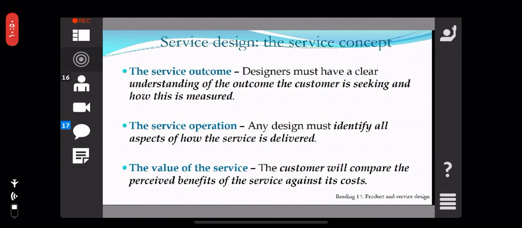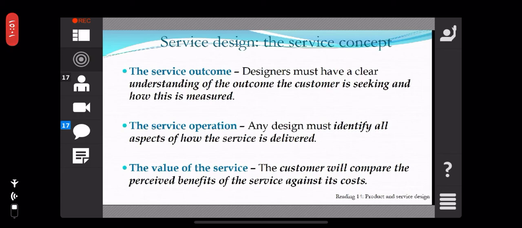For example, banks deal with the public, with the clients, with the customers, so their operation starts from 9 to 5. They are operating. So the service operation, any design must identify all aspects of how the service is delivered, the whole process, the whole procedure.